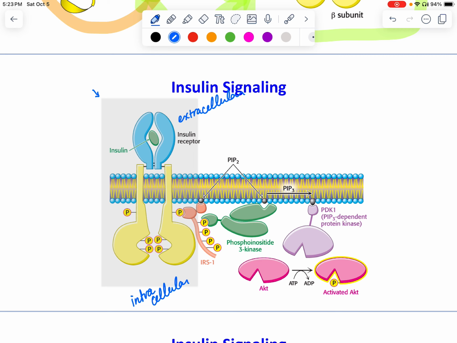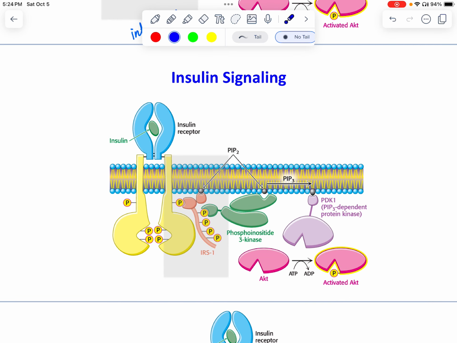And when we bond insulin, so we see we have insulin in our active site, it pulls everything closer together, brings the conformation change that brings these kinase subunits together in space. And remember, kinases are going to phosphorylate. These are also going to phosphorylate those hydroxyl groups on tyrosine. And so once they're close together, we see that we do get all these phosphate groups added. So we get that cross-phosphorylation.